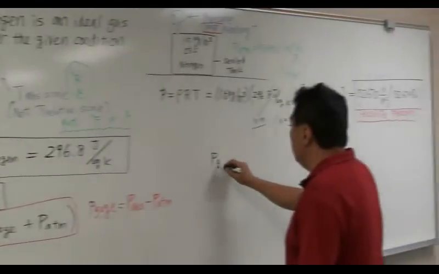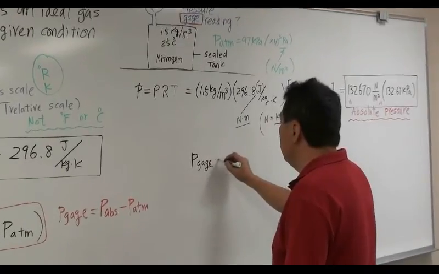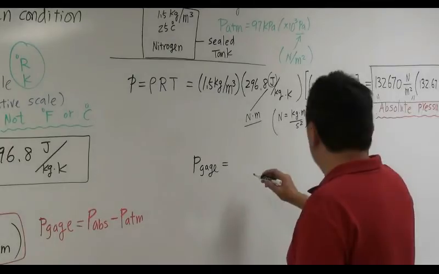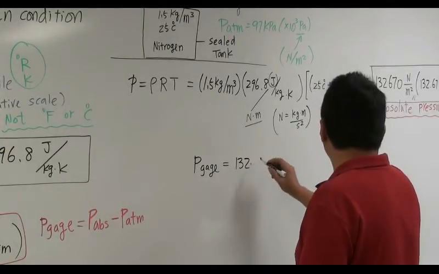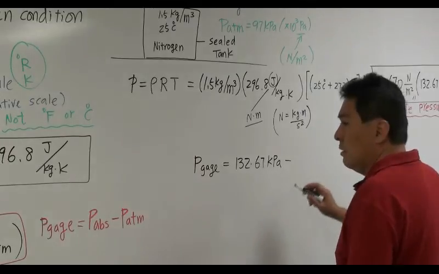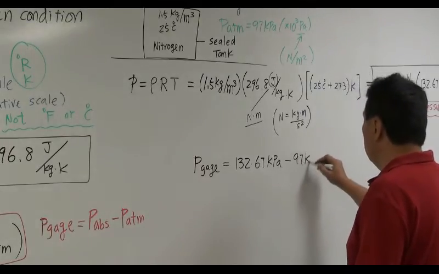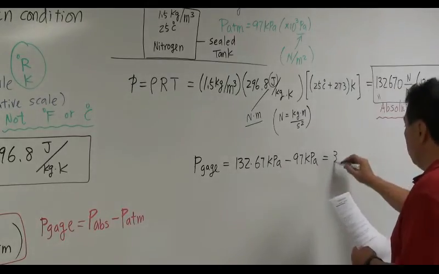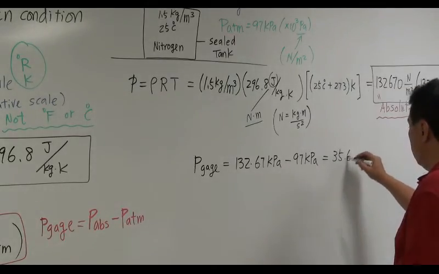So P gauge, which is essentially the reading of the gauge attached to the tank here, is 132.67 kilopascal minus 97 kilopascal, which is equal to 35.67 kilopascal.